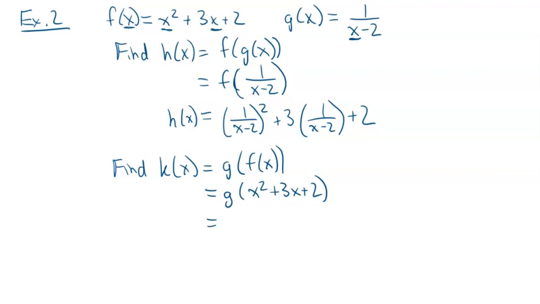So this is going to become 1 over x squared plus 3x plus 2 minus 2. This is what the x was replaced with, the x squared plus 3x plus 2. And I could simplify that to give me 1 over x squared plus 3x, because the plus 2 and the minus 2 are going to cancel.